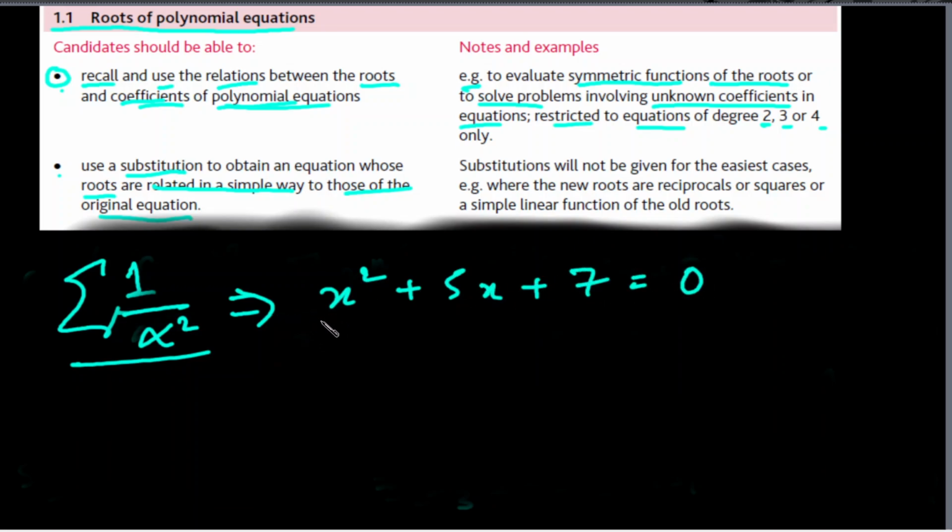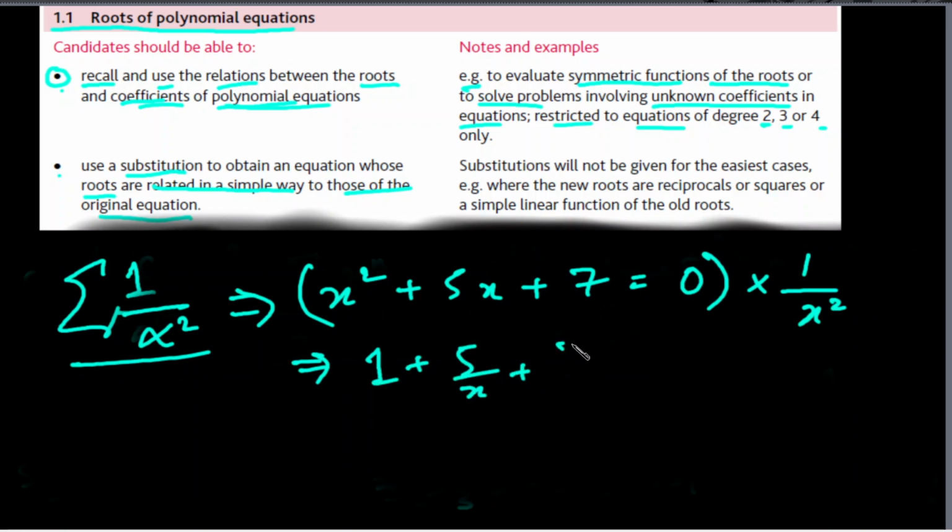If we have it for a quadratic, then we just know that dividing by x squared would help us here, because we want s to the -2 here, s to the -1 here, and s 0 or just 1 here. So dividing by x squared, we get 1 plus 5 by x plus 7 by x squared equals 0.